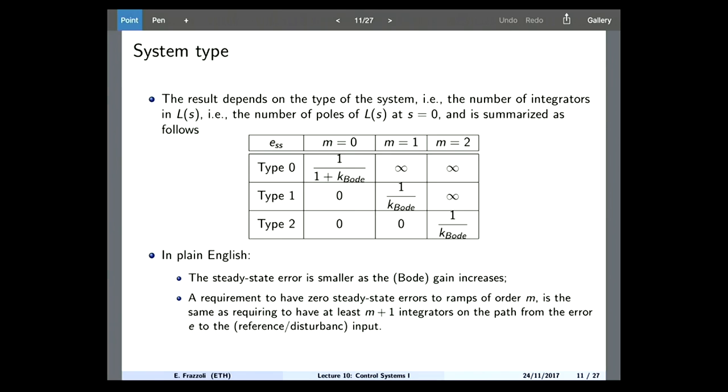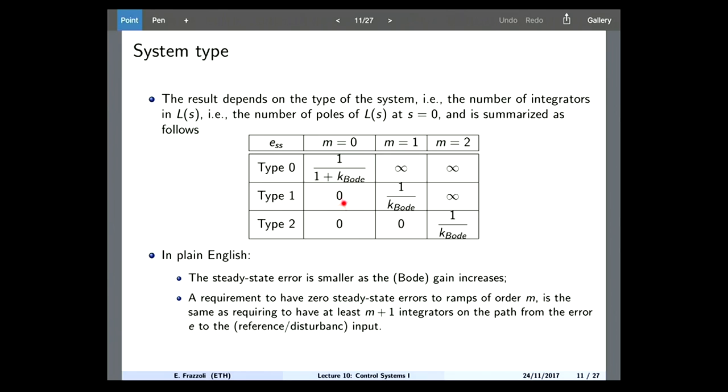Then the steady state error to different orders of ramp depends on the type of the system, that is, on the number of integrators. So if the type is 0 and the input is a unit step, that is 0th order ramp, then we already know that the steady state error will be 1 over 1 plus the Bode gain.